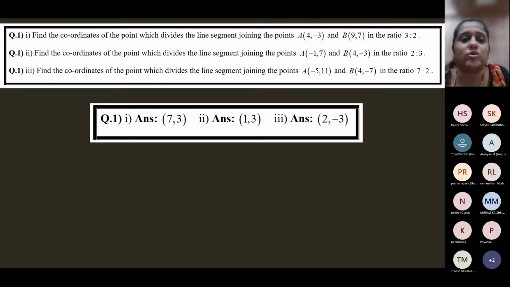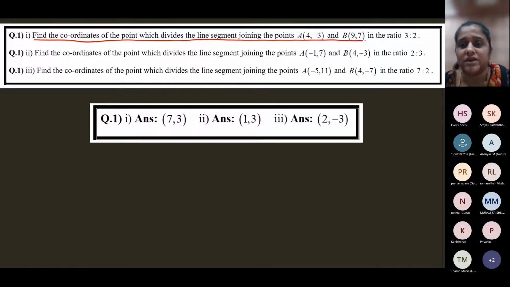So today we are going to work questions based on section formula and midpoint formula. See the first one. Find the coordinates of the point which divides the line segment joining the points A and B in the ratio 3:2.